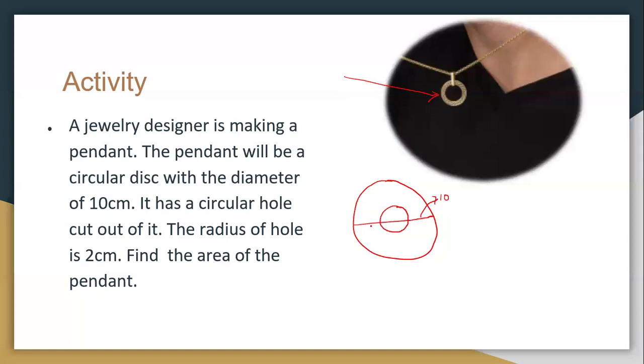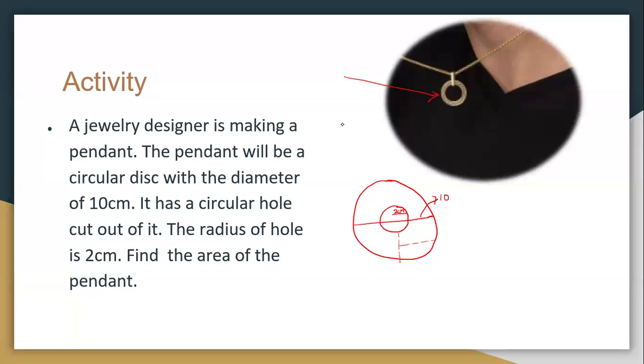The radius of the hole is 2 centimeters. So they're telling us that the inside one has a radius of 2 centimeters. Members, what is the radius of the bigger one? What do you have? I'm waiting to look at the answer in the chat.